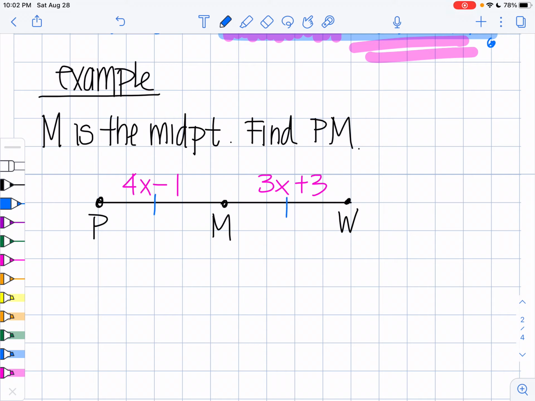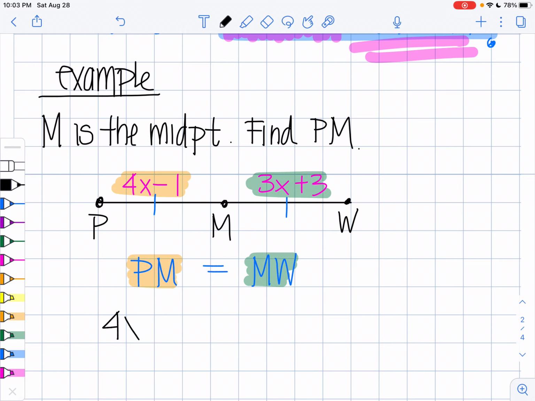Since it's the midpoint, I know that my distances are going to be equal. So I know that PM is going to equal MW. This distance right here, PM, is this much, and MW is this much. So I can write myself an equation. I can say that 4x minus 1 is equal to 3x plus 3.